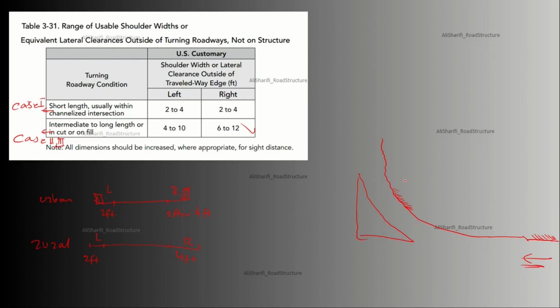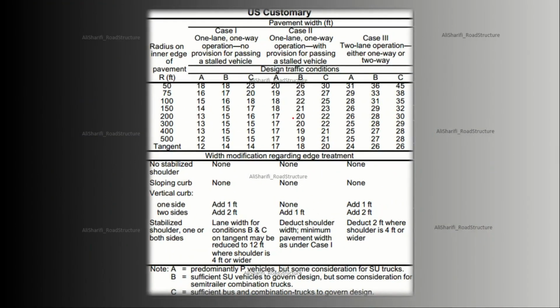Normally you get 6 feet for the right side and 4 feet for the left side when the approaching road or street is a minor arterial, or 8 feet for the right side where it's a major arterial, and up to 12 feet for the right side and up to 10 feet for the left side when the approaching road or street is a freeway.